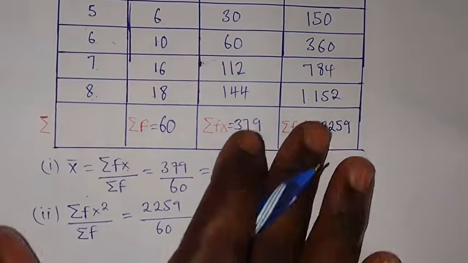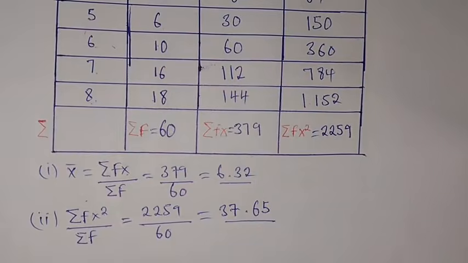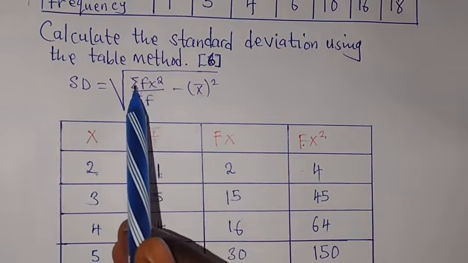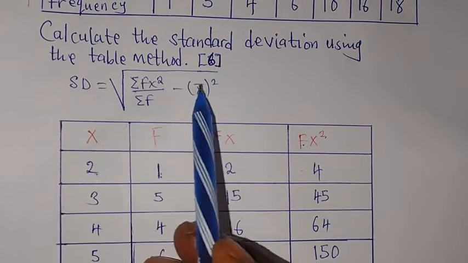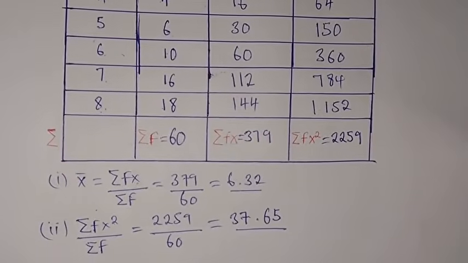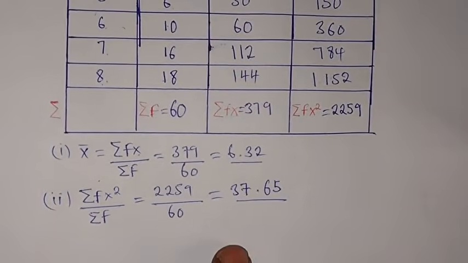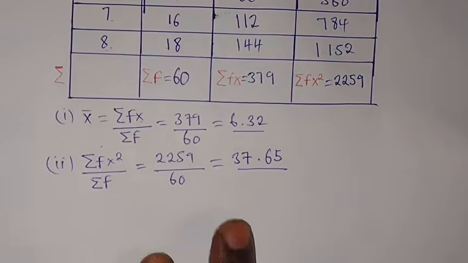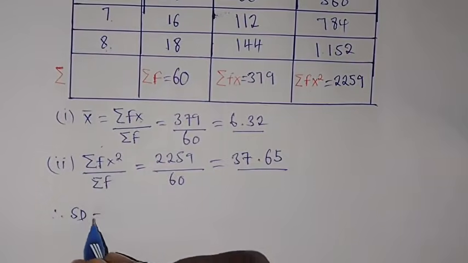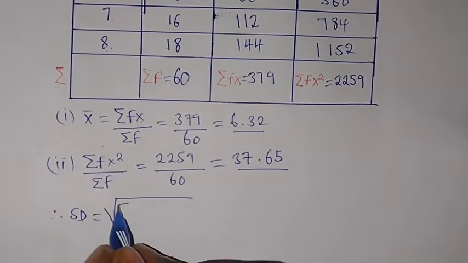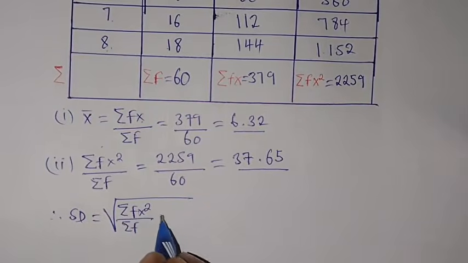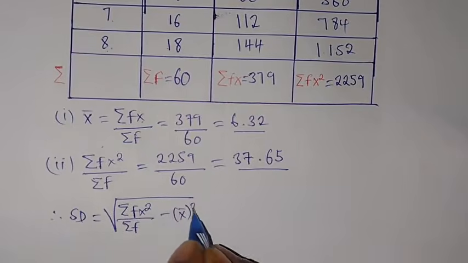So when we come back to our formula now, we have found the mean, we have also found this one. So let's just substitute. That will be our standard deviation. It's just a matter of substituting. Therefore SD is equal to, so this is our formula, the square root of summation of fx squared over summation of f minus mean squared.